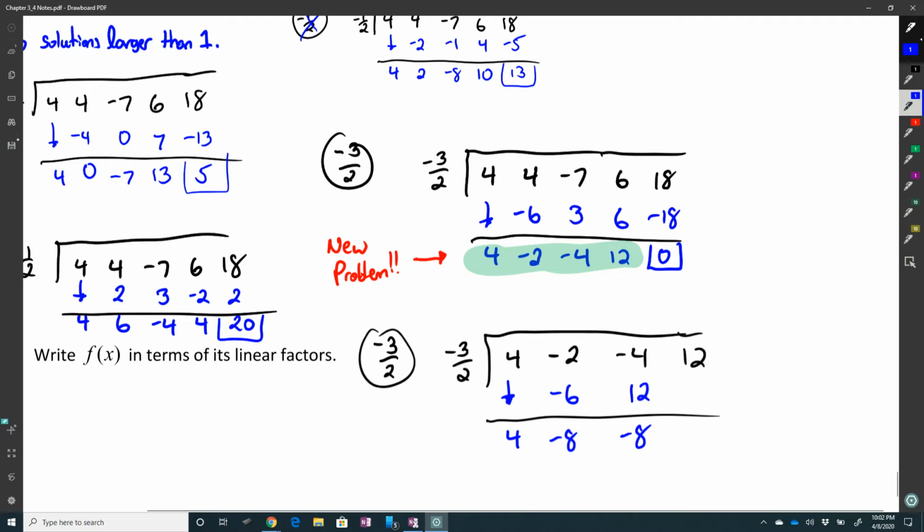Wait, did I do something wrong? 4, it should work out again. 12 over 2 is negative 6, negative 8. Oh, 8. And then 8 times 3 is 24 over 2, so negative 12. And so notice that this happens again, which means we have another new problem.